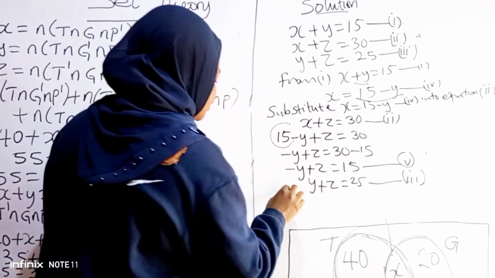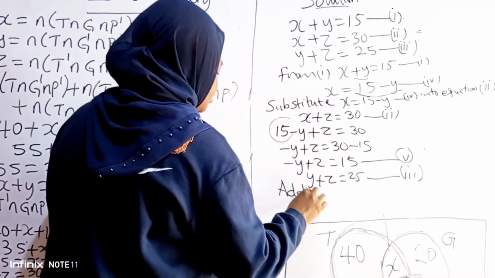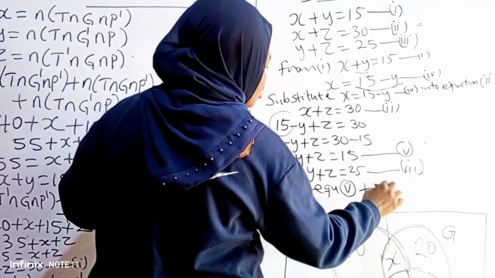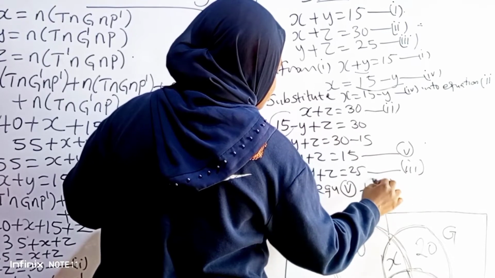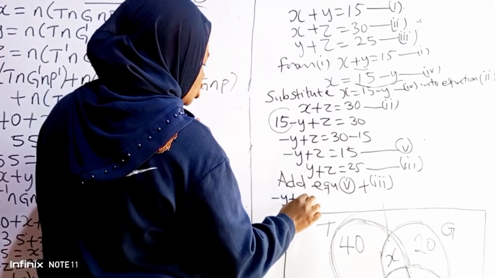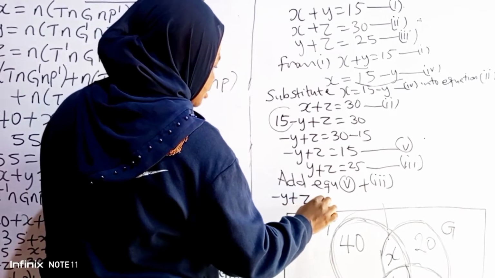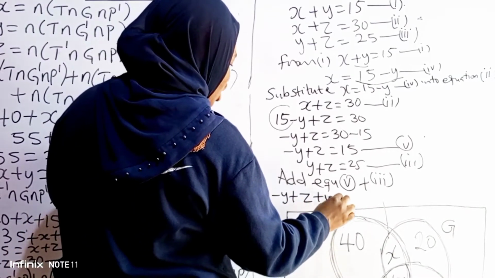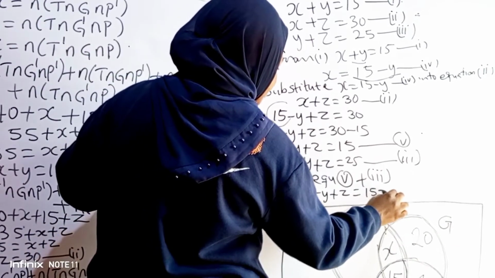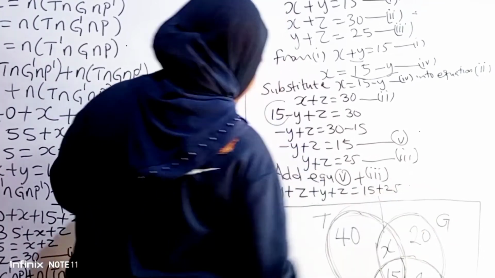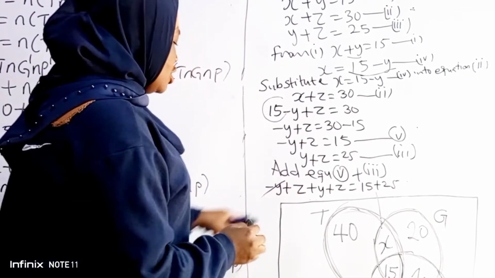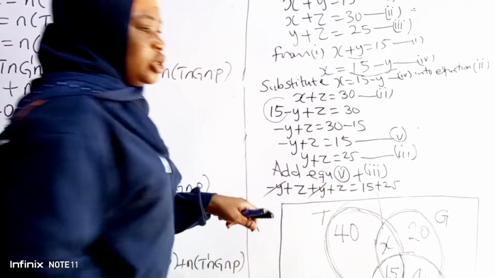So add equation 5 and equation 3. You have minus y plus z, then plus y plus z is equal to 15 plus 25. Here you can see that minus y cancels plus y.